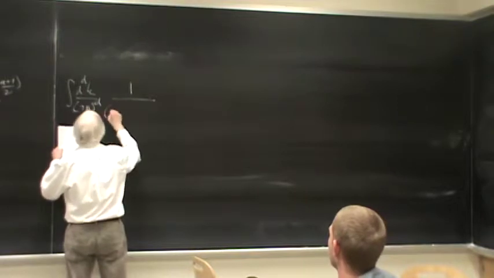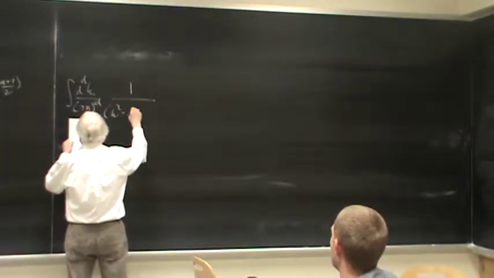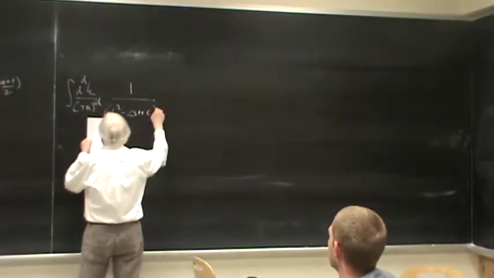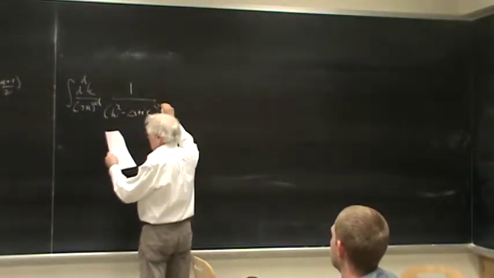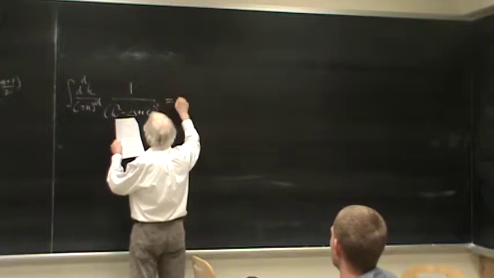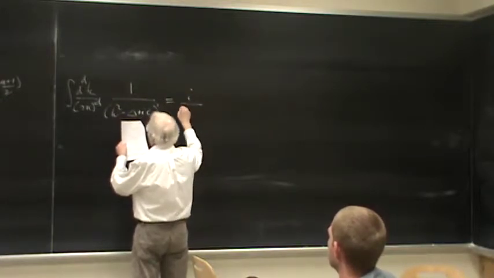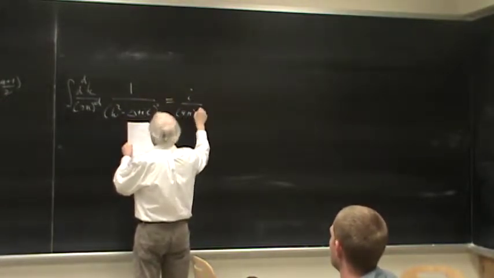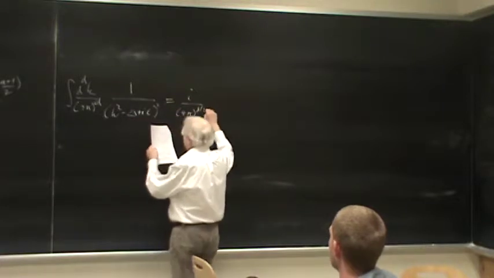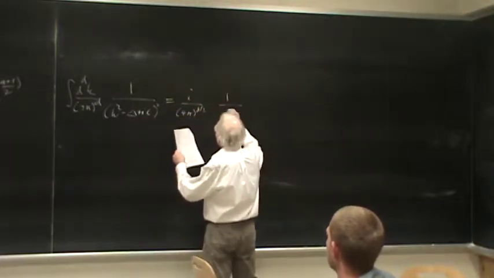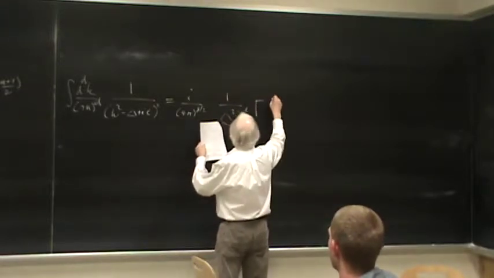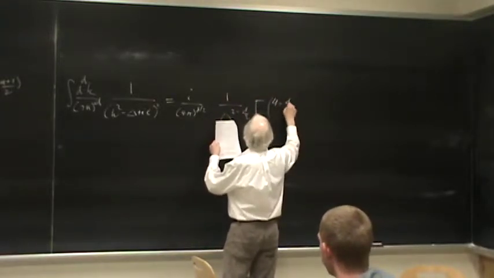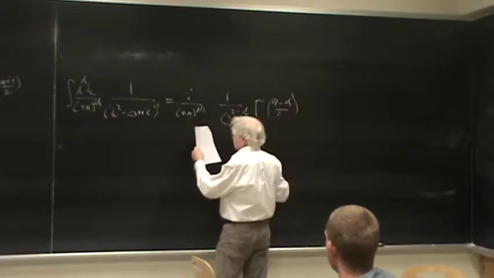So one of them is the integral of 1 over (k squared minus delta plus i epsilon) squared. And it turns out that that is i over (4 pi) to the d over 2, 1 over delta to the 2 minus d over 2, gamma of 4 minus d over 2.